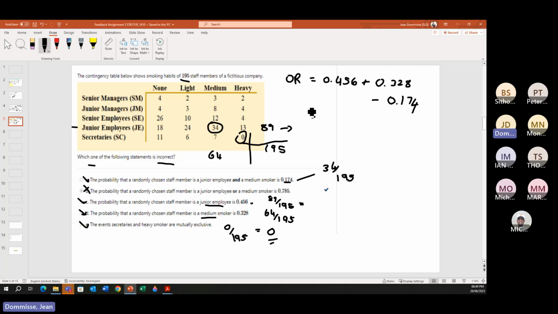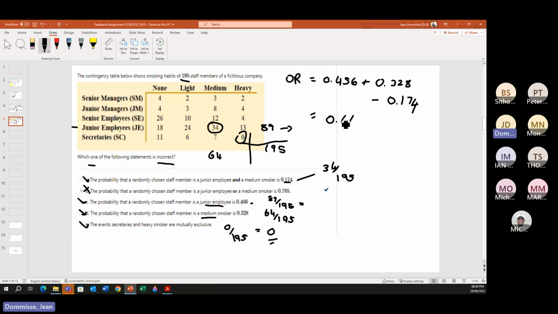So for the OR, it is 0.456 plus 0.328, which gives us 0.785. But remember, we need to subtract the AND. So minus 0.174 gives us 0.61. So that is why option 2 is wrong.